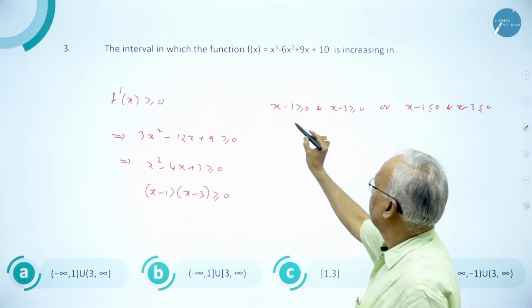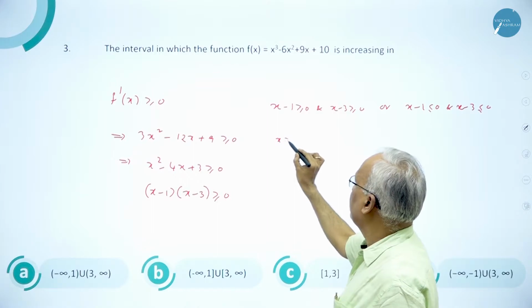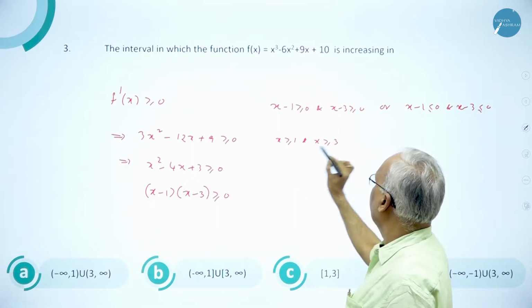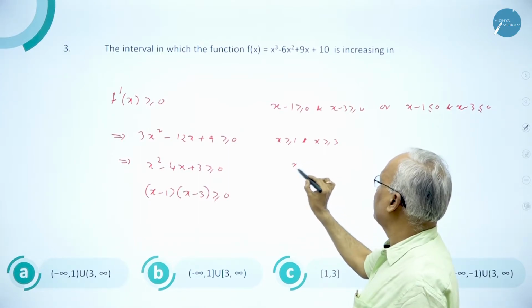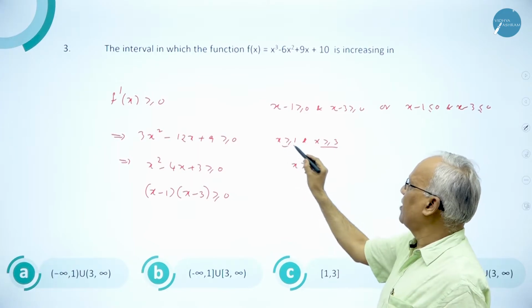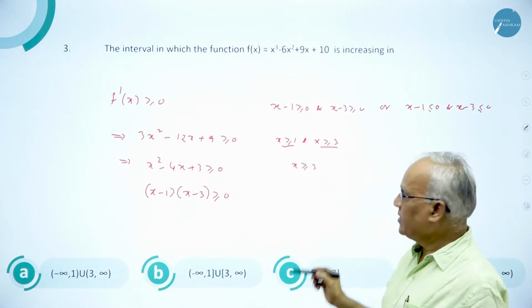This can be simplified further. x is greater than or equal to 1 and x is greater than or equal to 3. Combining these two, you get x greater than or equal to 3, because when I say x greater than or equal to 3, I need not mention x greater than or equal to 1.